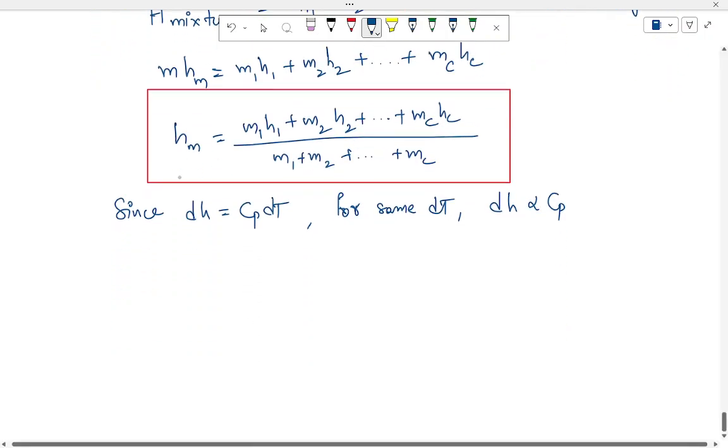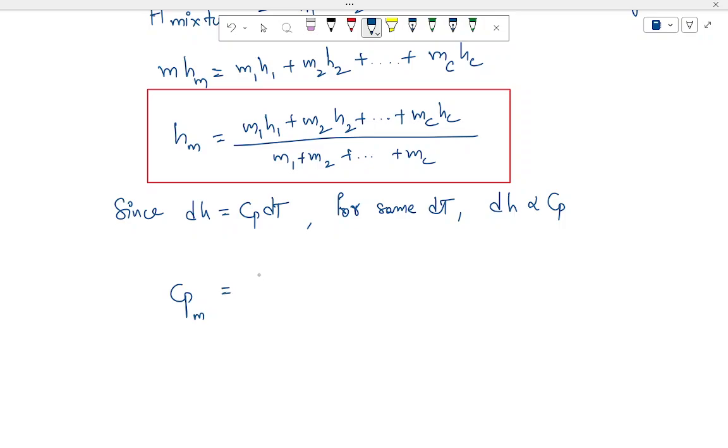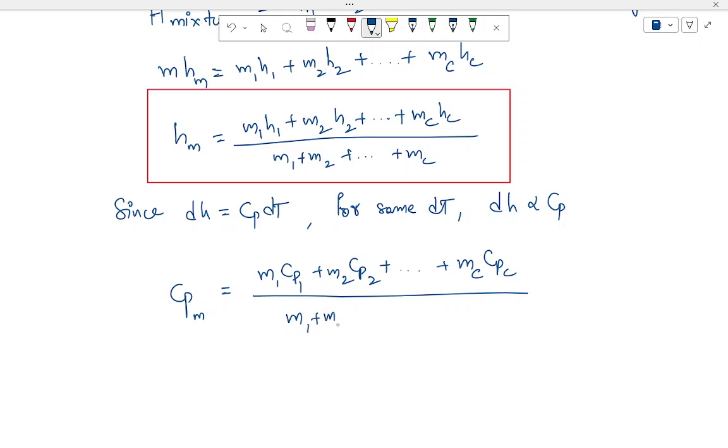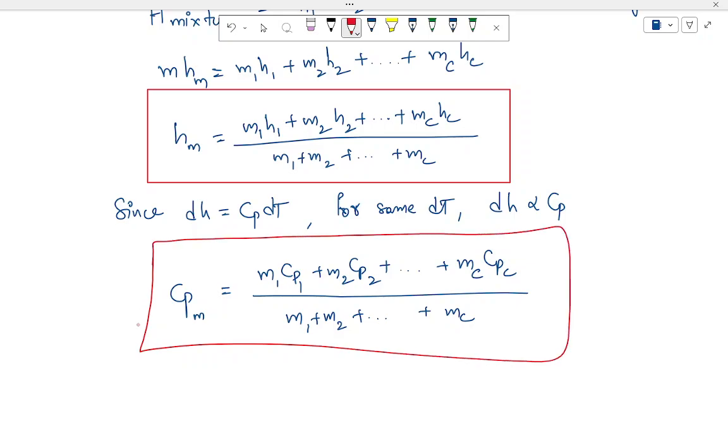So analogously, in place of h, I can put Cp now. So the Cp of the mixture will now be equal to m1, in place of h1, I have to put Cp1, m2, in place of h2, I have to put Cp2, plus so on plus mc Cpc by m1 plus m2 plus so on plus mc.